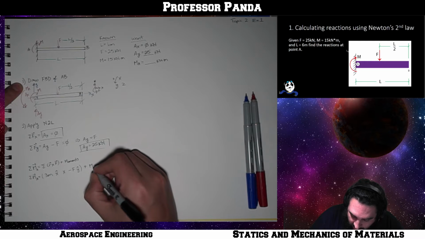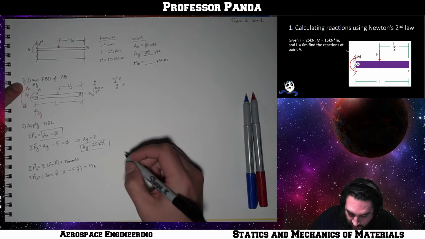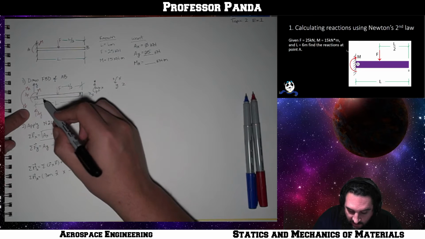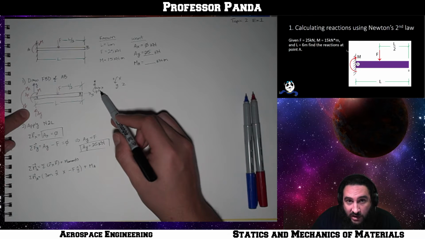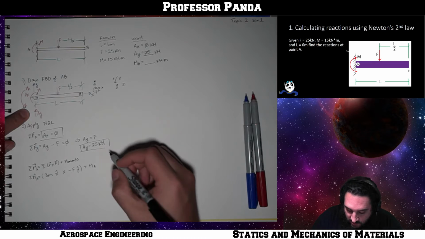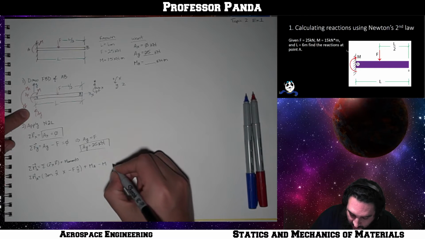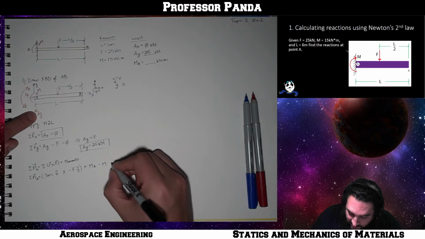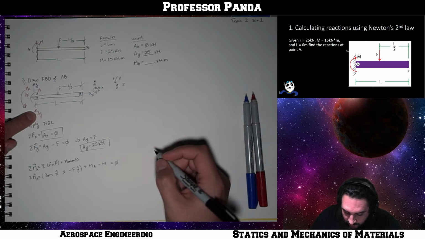So we'll call that MA. And then we are going to subtract M because M is traveling clockwise, which disagrees with our positive convention. Picture here of minus M. Okay, again, AX and AY don't participate, so we'll set this equal to 0.